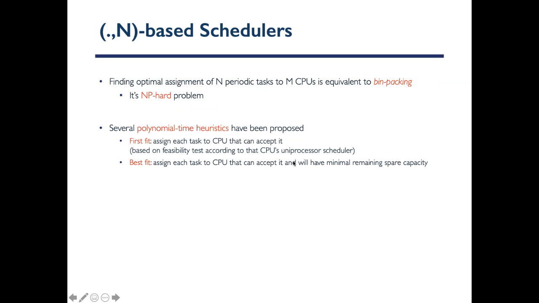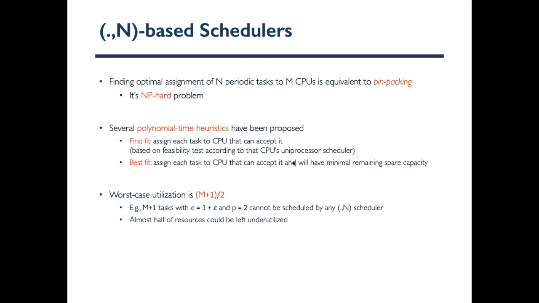With this best fit, your purpose is to consolidate tasks on CPUs. So you want to make one CPU full capacity before you move to another CPU to fill it up, and so on and so forth. So you can just come up with polynomial time heuristics. The bad thing about it is that there is no guarantee. And the worst thing about it is that there is a theorem that says the worst case utilization that you can achieve is (m+1)/2.